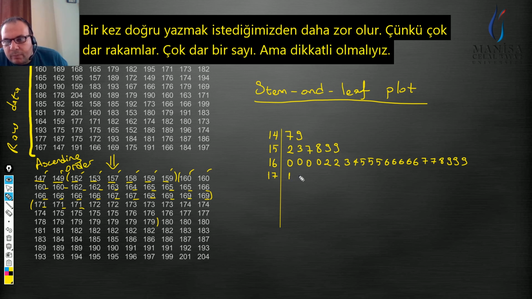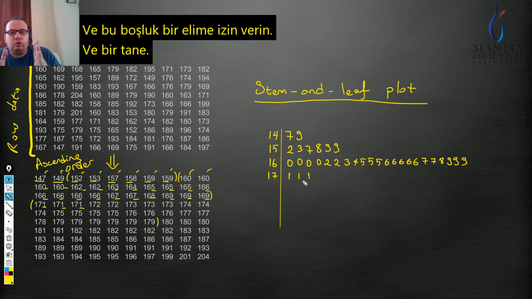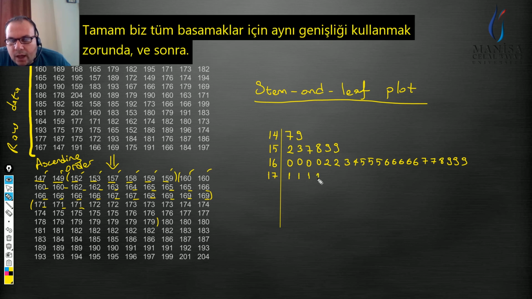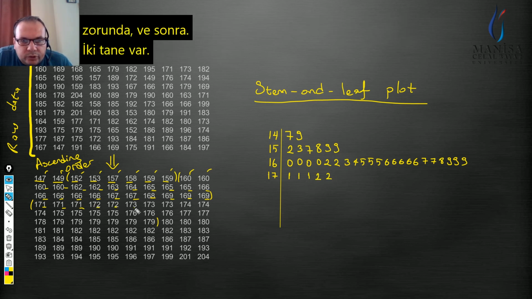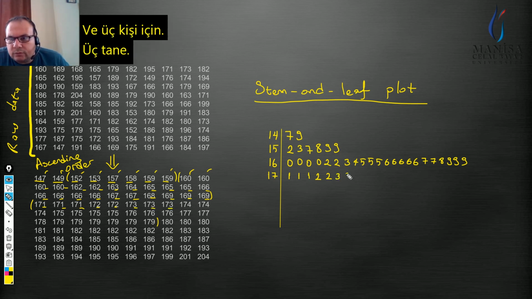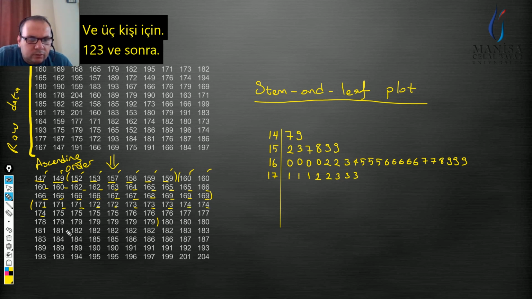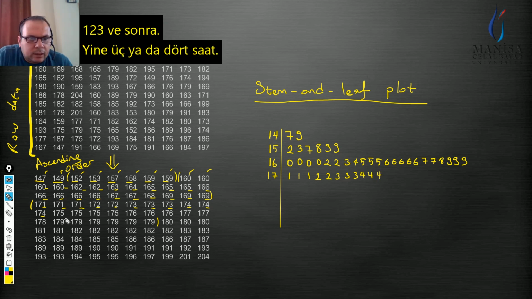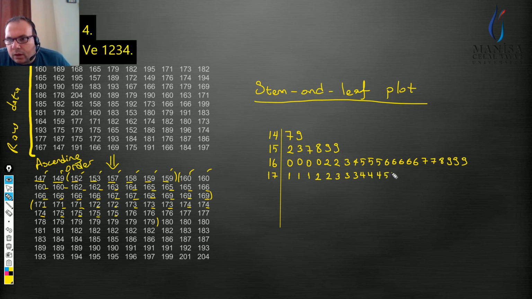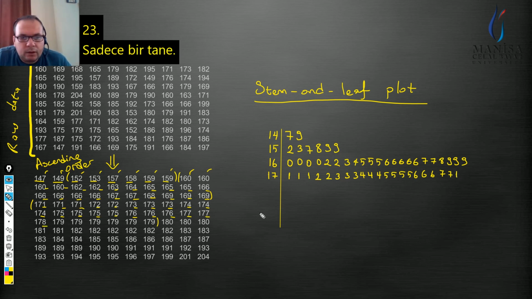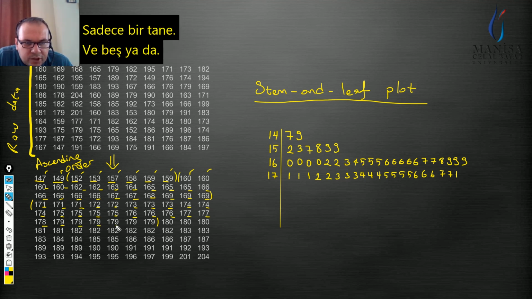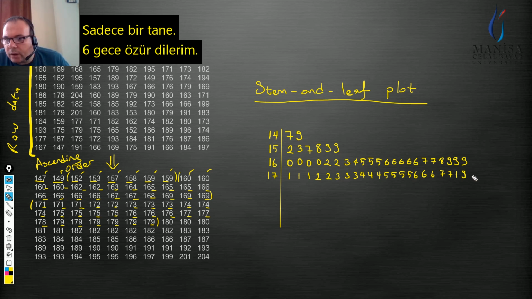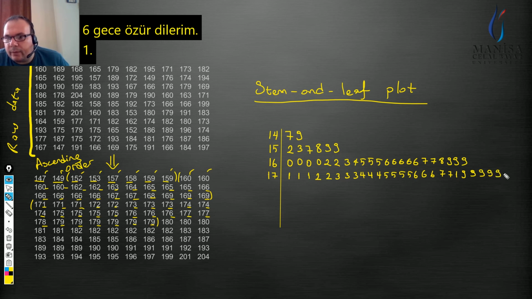We have to use the same width for all digits, and then we have 2, and for 3 we have 3 of them, then 3 fours again, and so on, and 6 nines, right? Yeah, 1, 2, 3, 4, 5, 6.